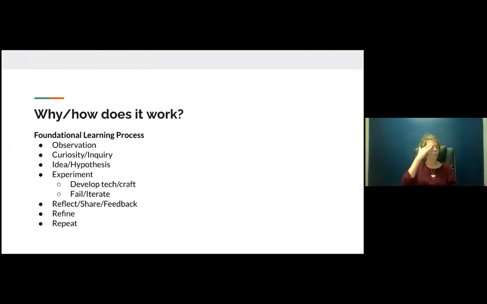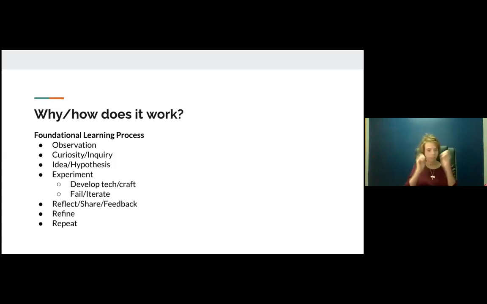Why does this work? I think the arts processes align to a foundational learning process. So this idea that we see something, I feel like everything starts with an observation. You're walking around, you see something, you're curious about it, you have a question about it, then you develop an idea and a hypothesis, so you set up an experiment.